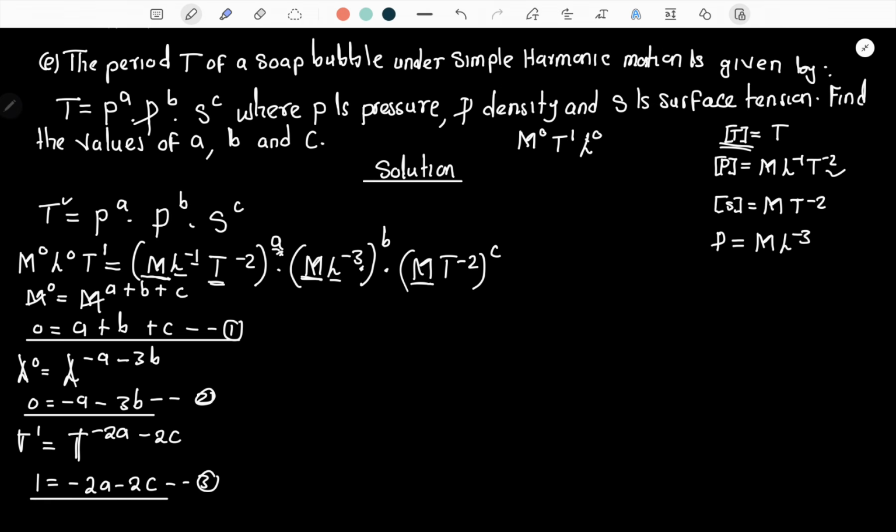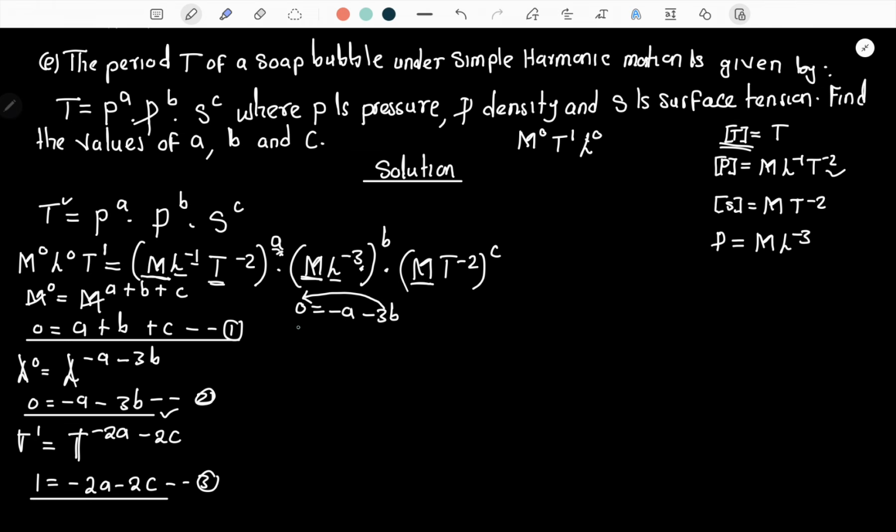Now, we need to solve these equations using the substitution method. So the first thing we're going to do is get the simplest equation, which is equation 2, because we know that equation 2 is 0 is equal to minus A minus 3B. So the 3B can come this side.